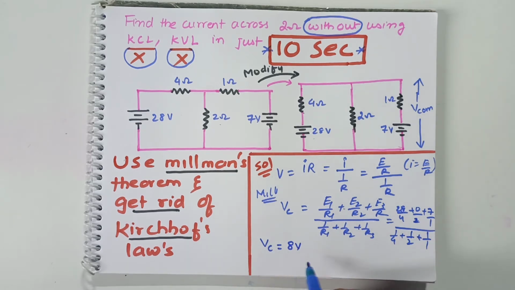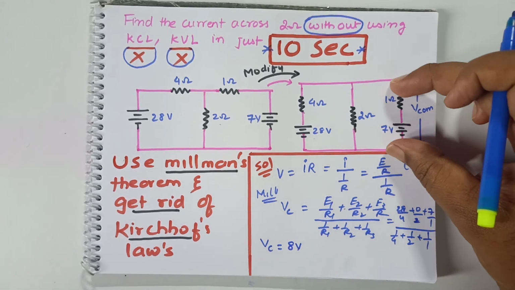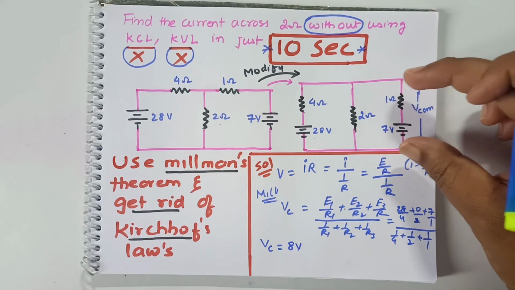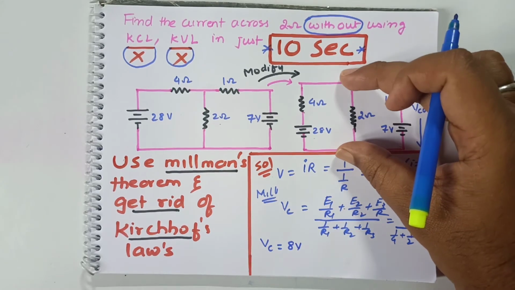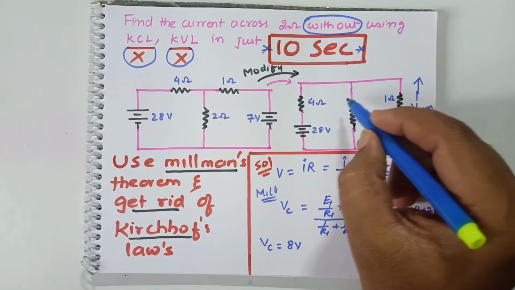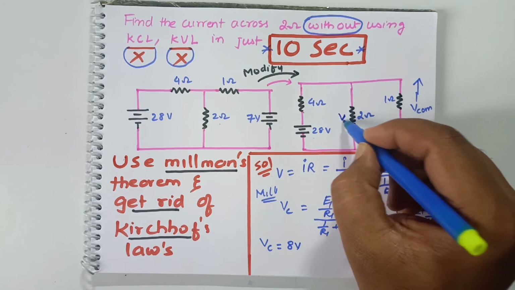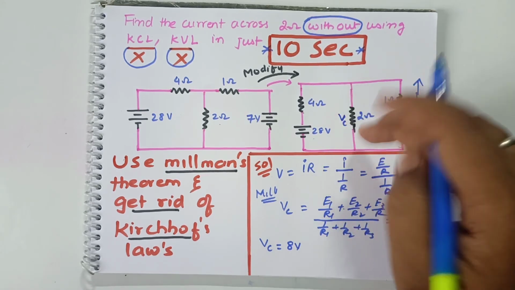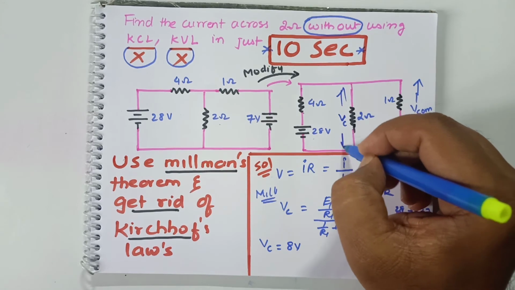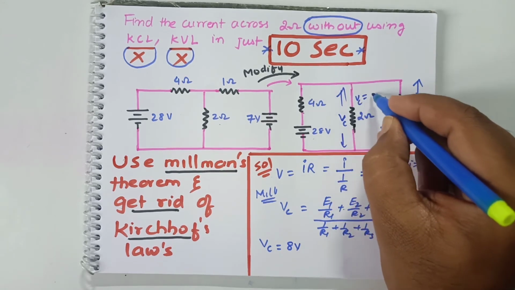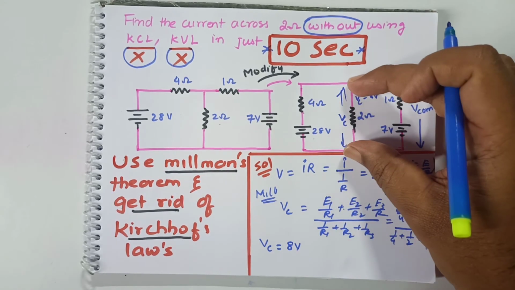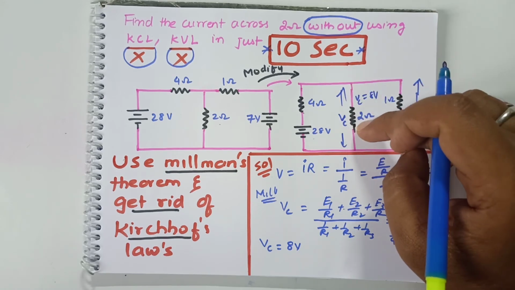So once you get a common potential, this is the potential which is common for these edges, these edges and these edges. That means you can take a common potential along this resistor across which we have to find out the current as VC, and this VC is going to be 8 volts. So once you get a common potential here, can't you find out the current here?